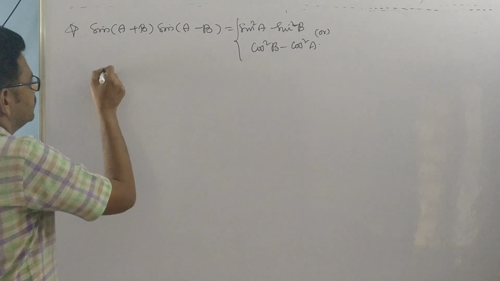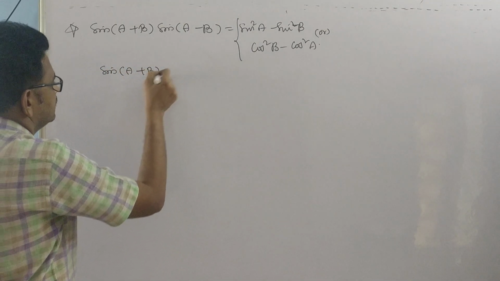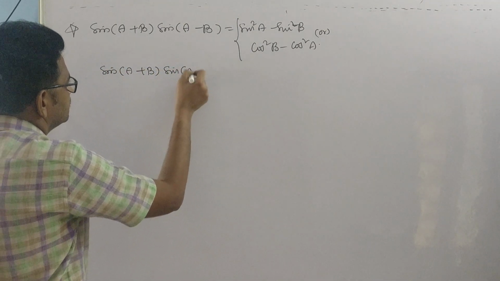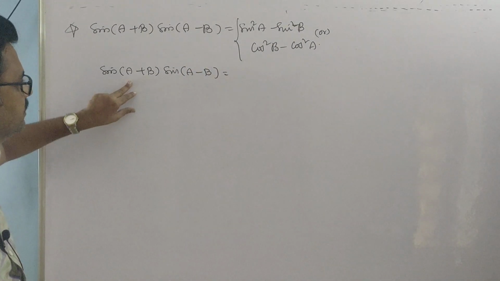So see here, we know the formula of sin of A plus B into sin of A minus B. What is the sine of A plus B formula?